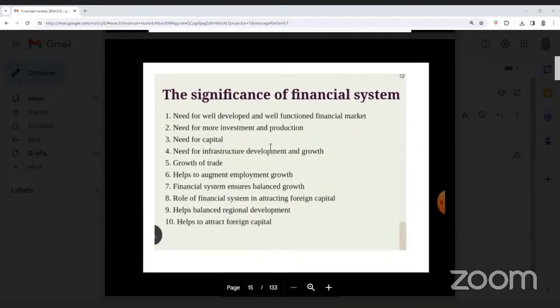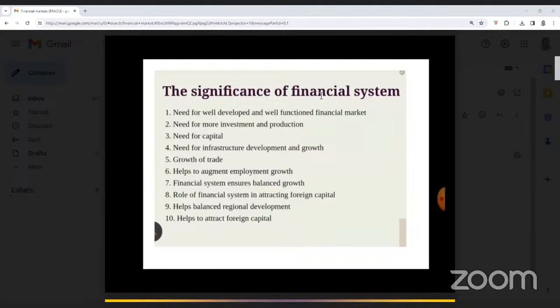So now see this, what is the significance of the financial system? Just to check what these are.